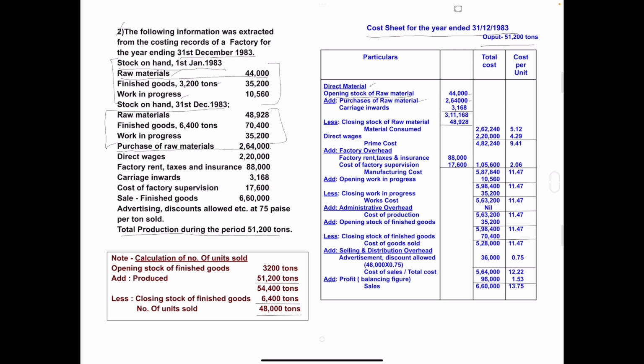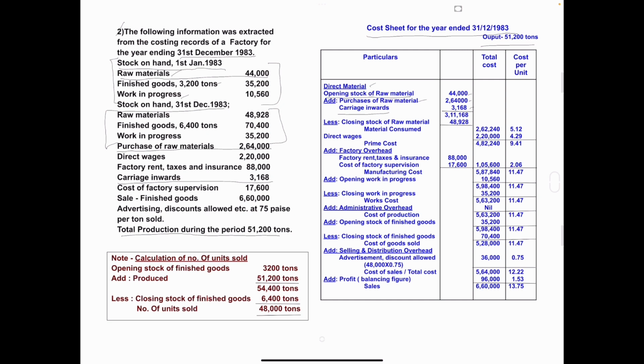And if there are any expenses related to purchase of raw material, that we have to add. So in this current problem, carriage inward is there. Carriage inward, that we have to add here. So write carriage inward 3,168. Carriage inward we have to take here, and carriage outward, if they have mentioned it in the problem, that we have to take under selling and distribution overhead.